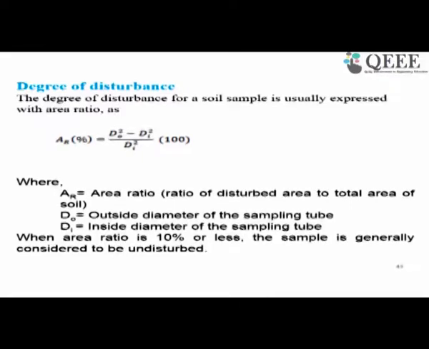If you get a percentage within 10%, or even up to sometimes 15-20%, we can call it undisturbed. But if it is beyond that, obviously it is not undisturbed.